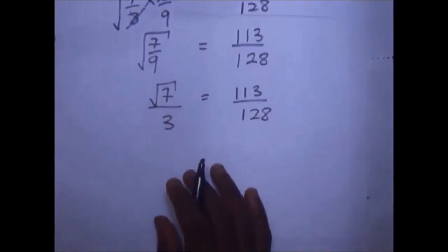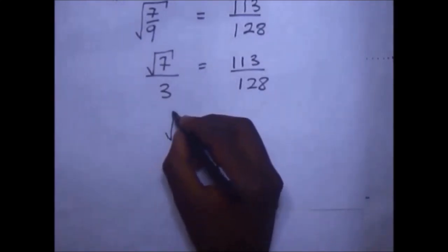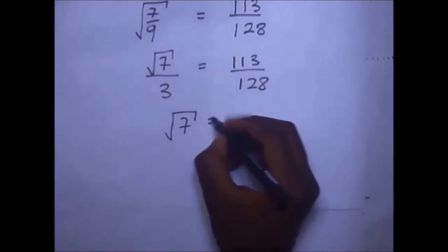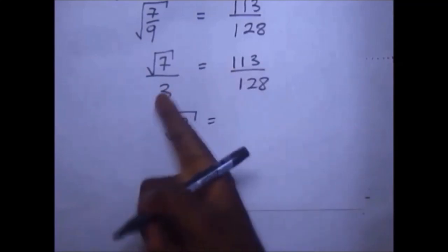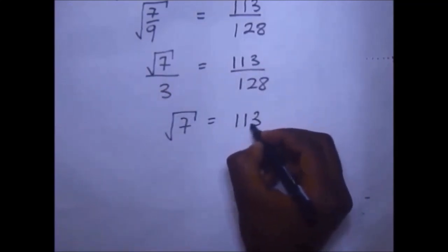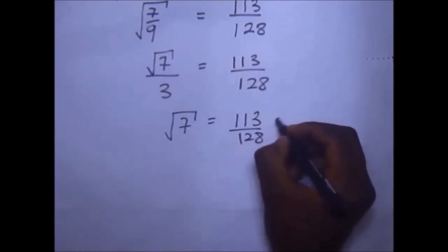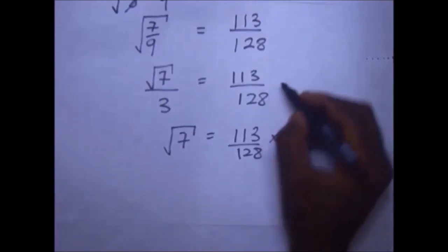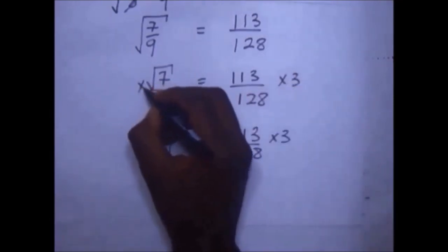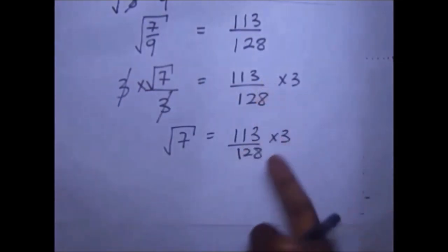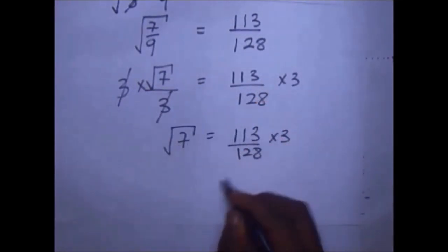And so here the final answer will be the square root of 7, giving us, multiply 3 on this side. It becomes 113/128 multiplied by 3. Here it's times 3, times 3. This 3 cancels with that. So it becomes like that. So the root of 7 is that.